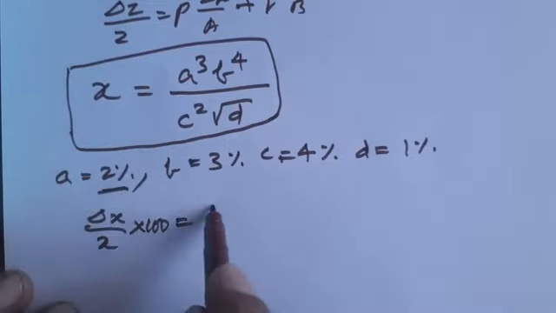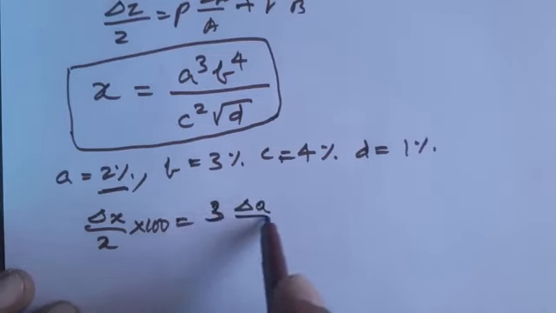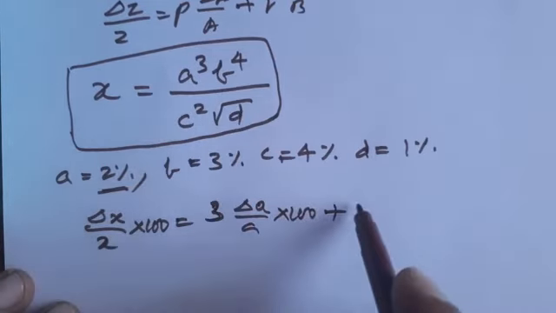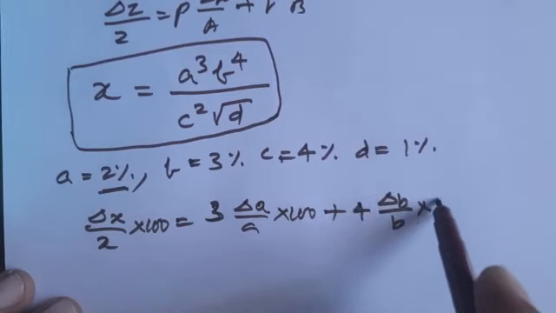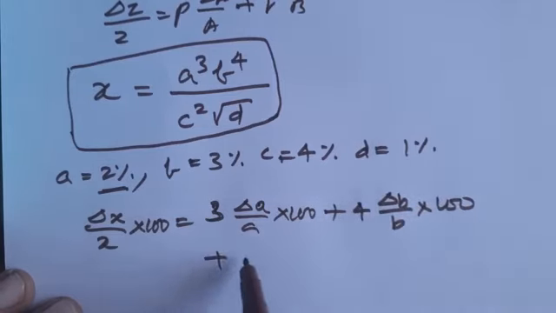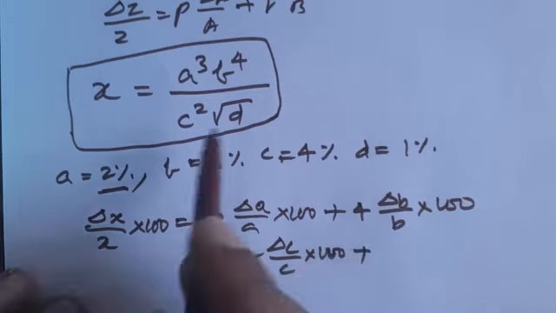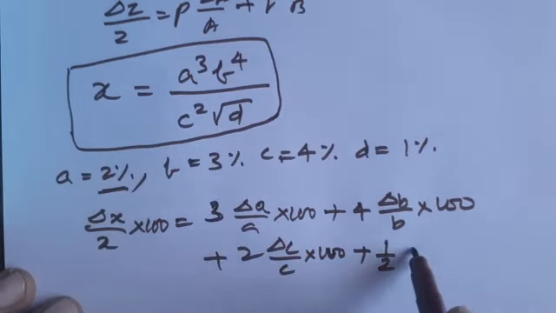So you can write it as 3 into delta A by A into 100 plus next term: B's power is 4, so 4 into delta B by B into 100 plus C square, so 2 into delta C by C into 100 plus D is within square root, so the power is half, half into delta D by D into 100.